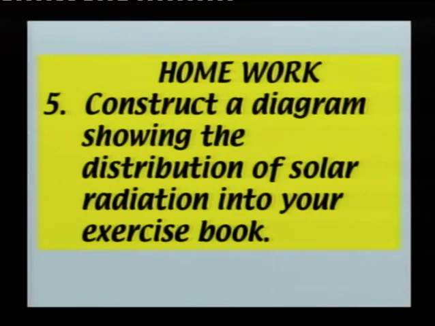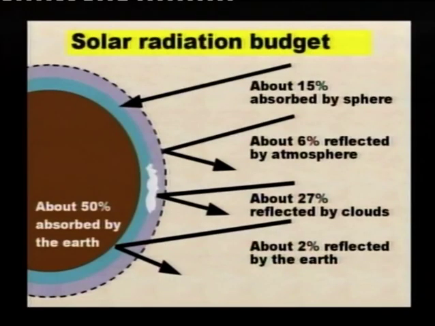One of those diagrams you will find in your booklet, Climate, that contains a circular feature and arrows to show the absorbing of solar radiation, the reflecting, and also the scattering of solar radiation. You can use that to construct into your exercise book.